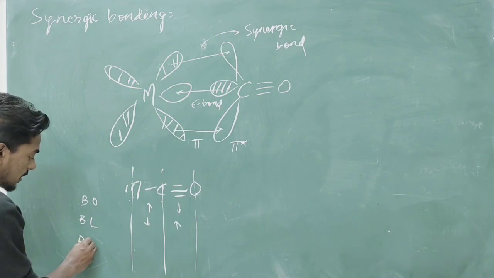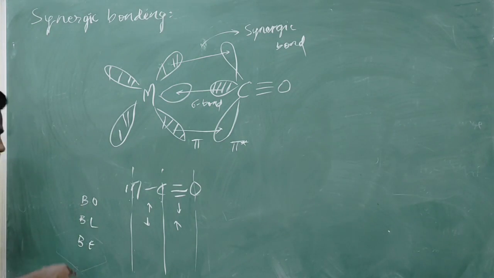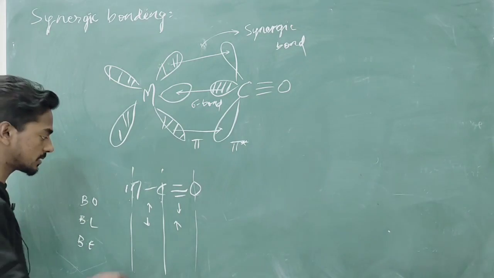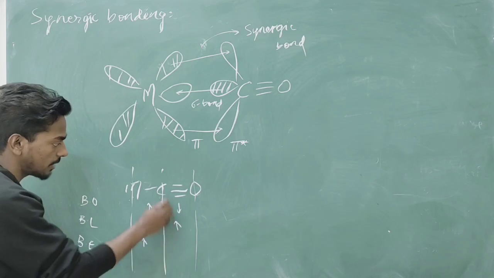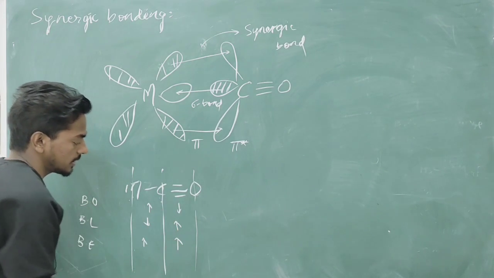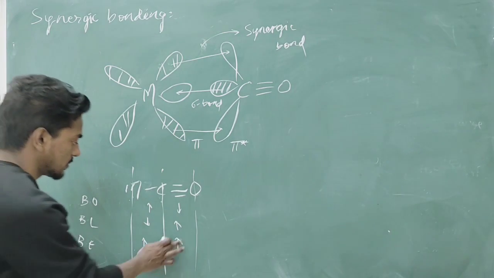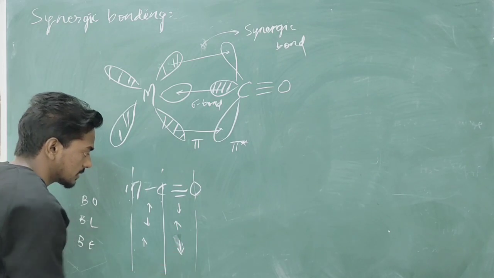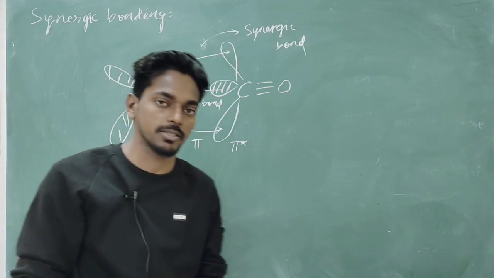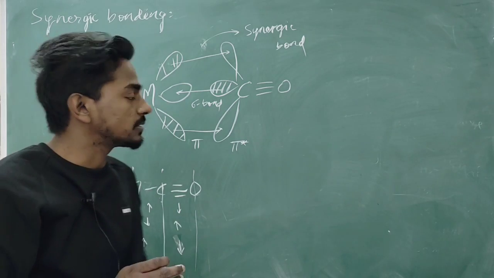Bond energy is directly proportional to bond order. So if bond order increases, bond energy increases, and if bond order decreases, bond energy decreases. So this is synergic bonding.